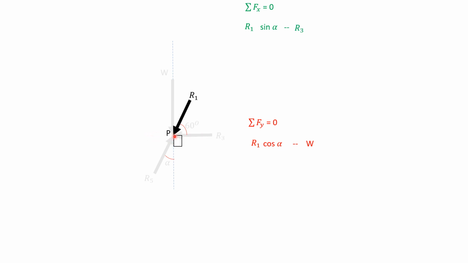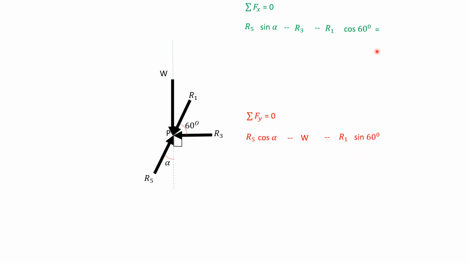And R1 cos 60 is directed to the negative x-axis, so minus R1 cos 60 degrees, and R1 sin 60 degrees is directed towards the negative y-axis, so minus R1 sin 60 degrees.